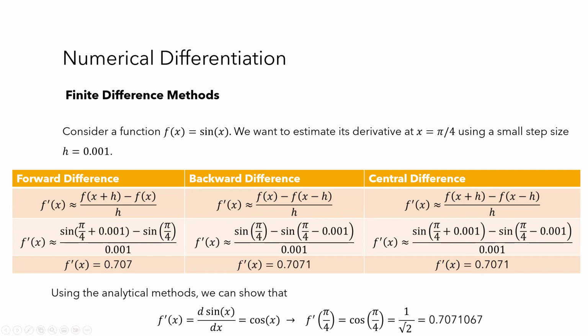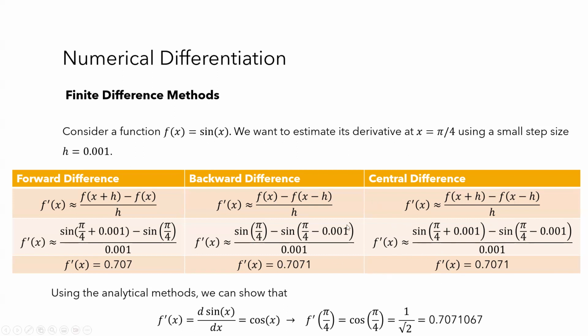So here you see how to solve the first derivative using analytical methods. It is cos of x, and if you calculate cos of pi over 4, the value is 1 over square root of 2, and that is equal to 0.7071067. So we got almost the same number.